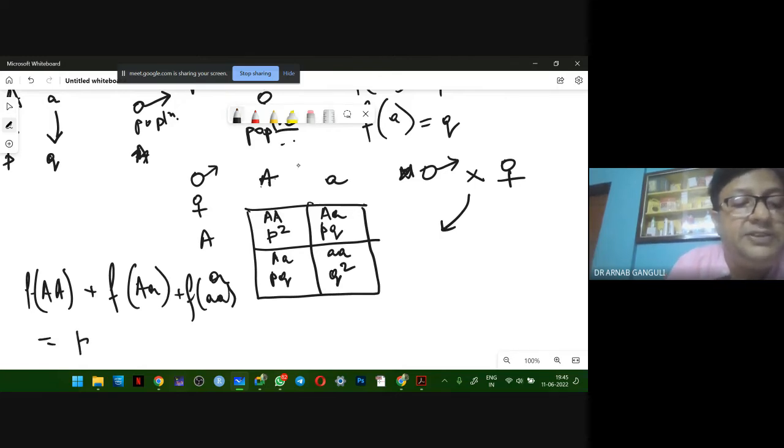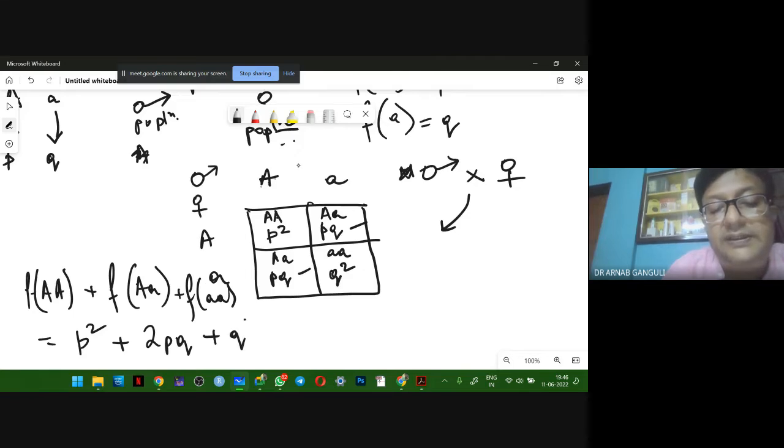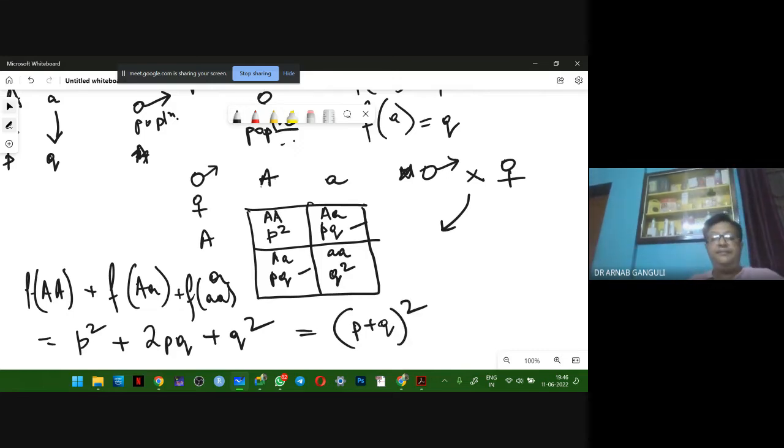It's simple: P square plus 2PQ plus Q square. And this is nothing but P plus Q whole square.